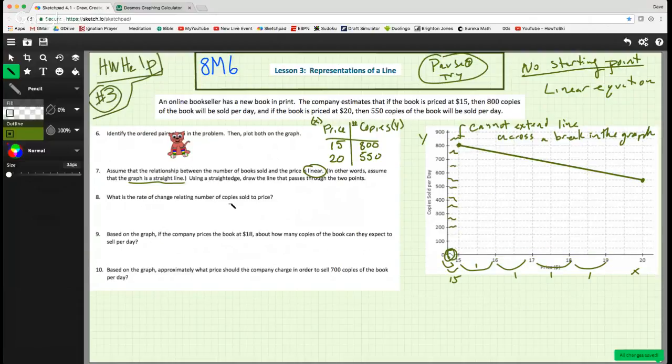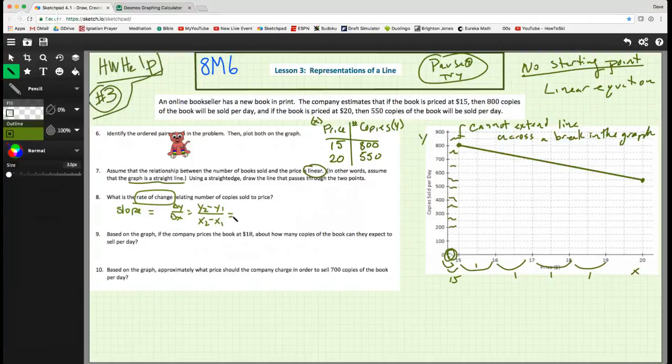Okay, what is the rate of change relating the number of copies sold to price? Well, we don't know what the slope is. The rate of change, and again, that's another word for slope. I'm going to give you a hint. It's delta y over delta x, and that's equal to y2 minus y1 over x2 minus x1.